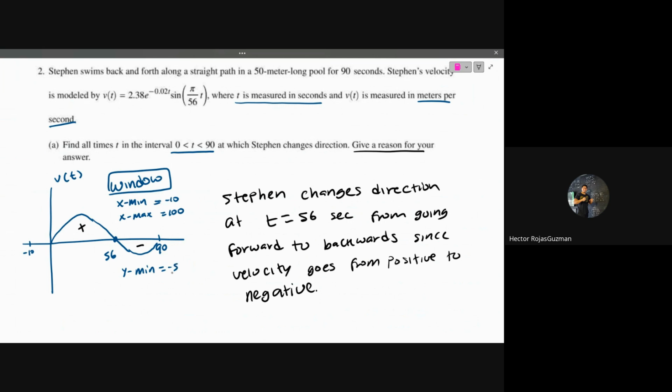Maybe start with -5 and your y max as 5, just to get a good graph going. You can always change those as you see fit. And then to find the x-intercept, you're going to have to use second trace 0. Second trace 0.